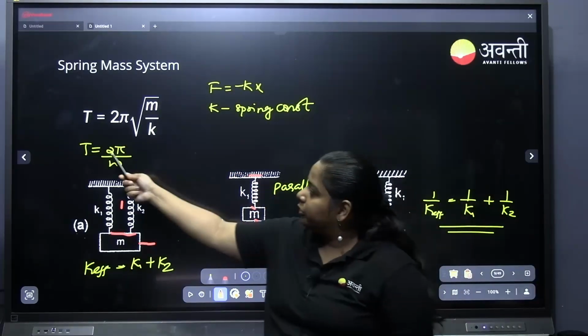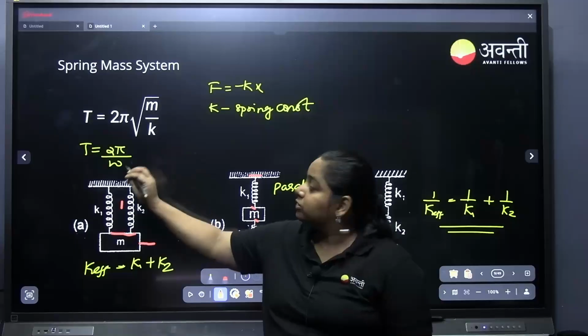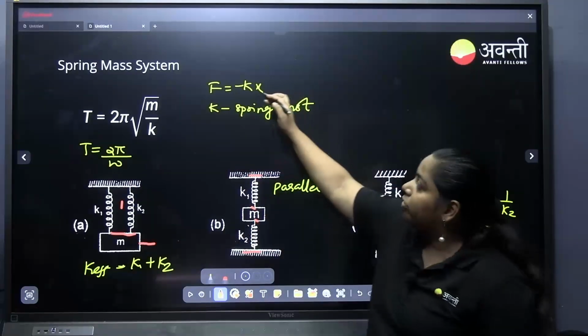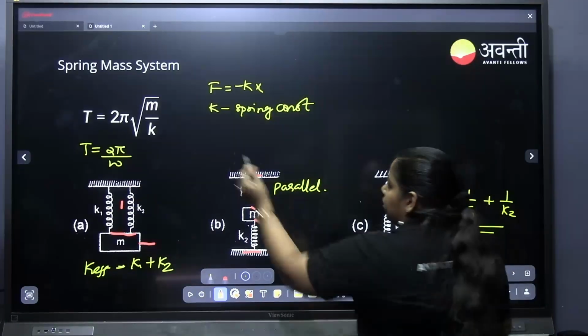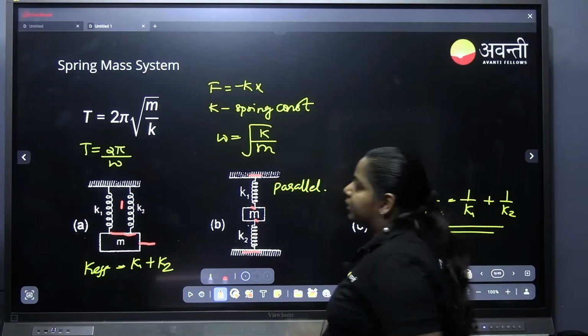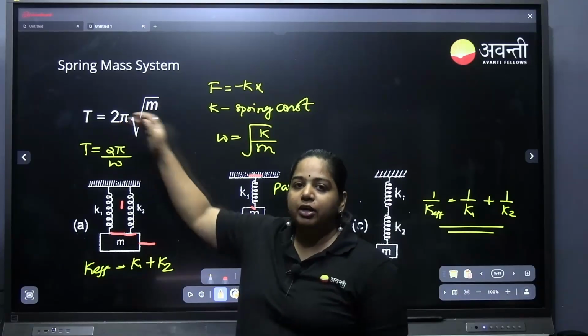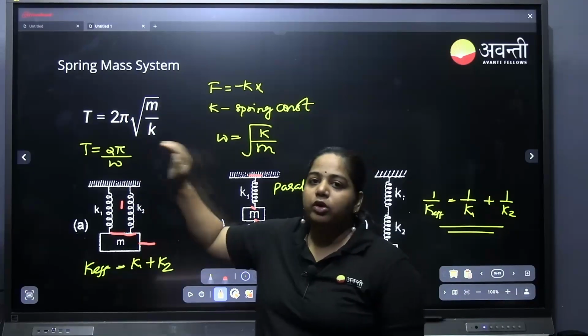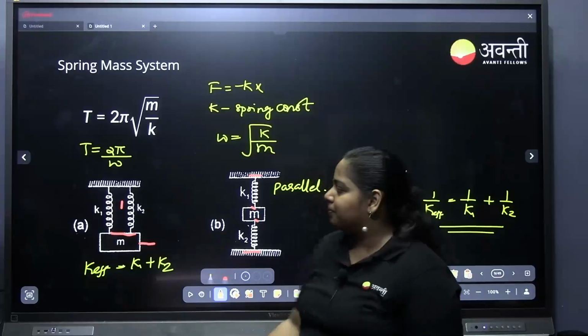Time period is equal to 2 pi by omega. For omega, when we derived, we got omega equal to root k by m. Substituting it here, you will get the time period of spring oscillation equal to 2 pi root m by k.